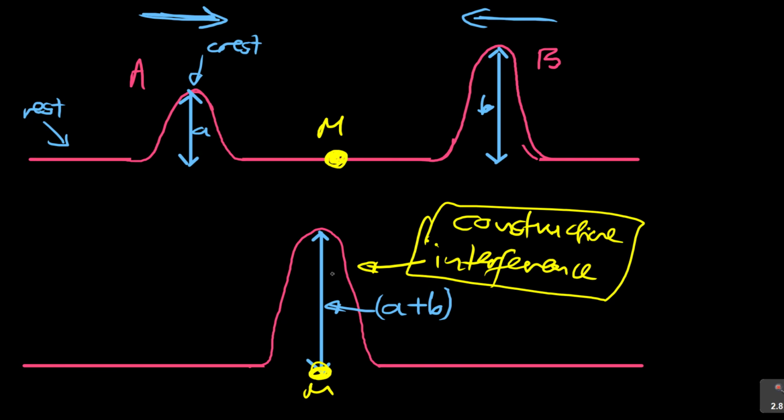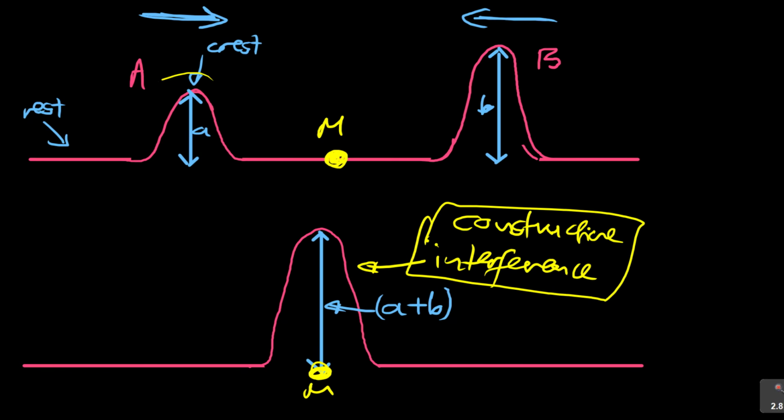And from here we can define what is constructive interference. It is the combination of two pulses which are moving in the opposite directions. It's the combination of two pulses which are on the same line but moving in the opposite directions. That is the constructive interference, meaning they construct each other. From that word construct, they build each other up.